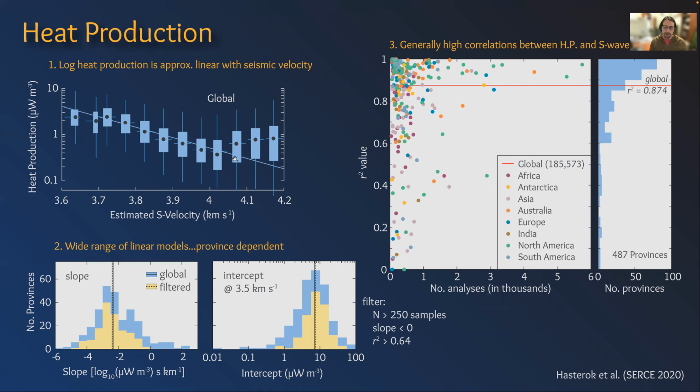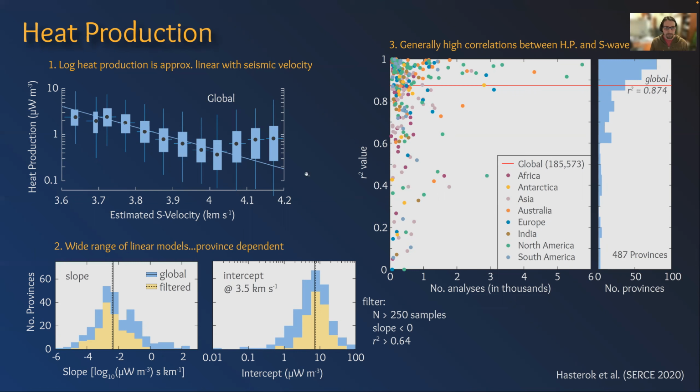Now, this is a global trend. Some people have suggested in the past this trend may work for 1 or 2 regions, but maybe not for all regions. I've shown here that it worked globally, but I can also show it by taking a wide range of tectonic provinces around the world. So each one of these dots represents a different tectonic province.